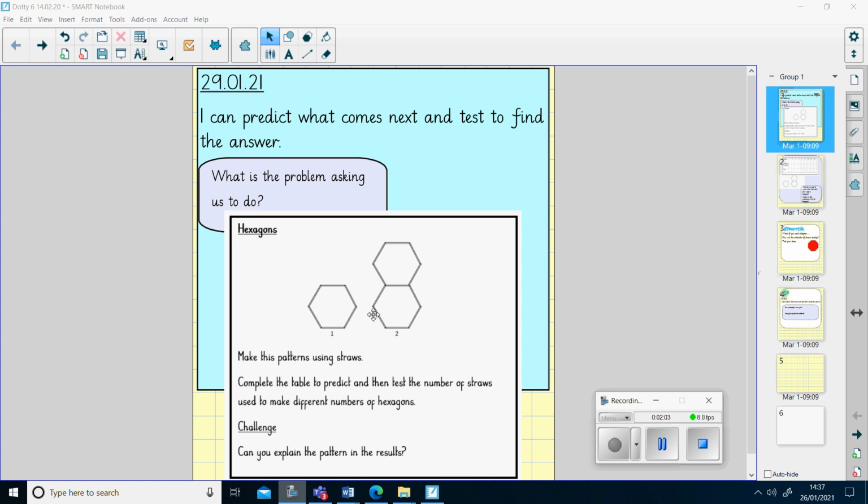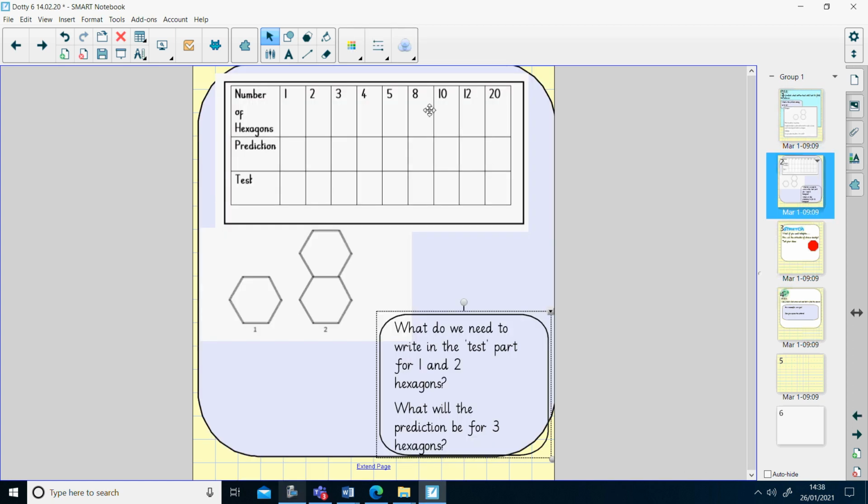The problem is asking us how many straws are needed to make different numbers of hexagons. So here is the table that I've uploaded, and it's asking us about 1, 2, 3, 4 and 5 hexagons. Then it goes to 8 hexagons, 10 hexagons, 12 and 20. And we're going to be looking for some patterns to help us to predict the number of straws we would need.